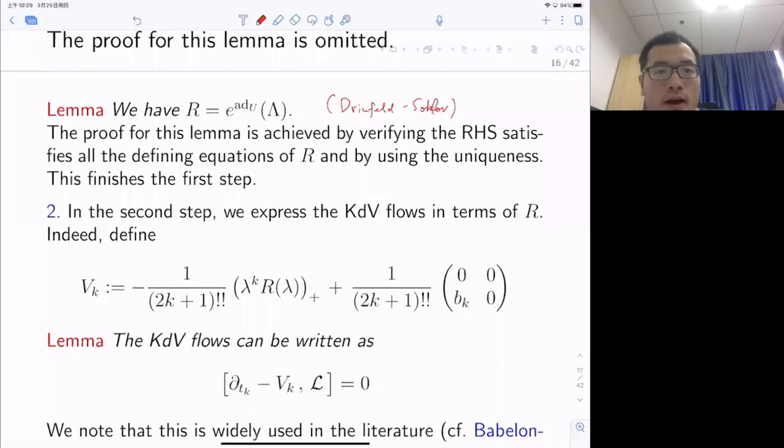They prove that the matrix resolvent can have this alternative form.